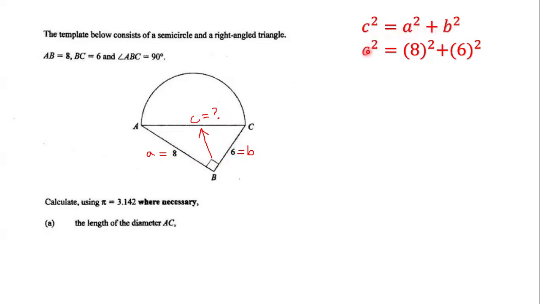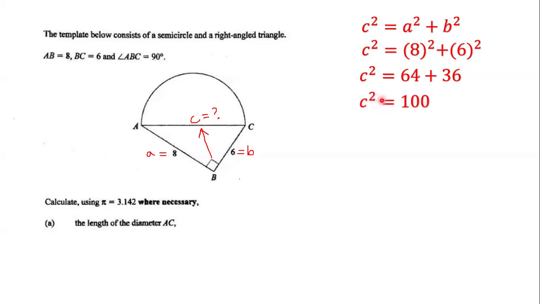Now C is the hypotenuse, that's what we're trying to find. A is 8, as we have here, and B is 6. So we have 8 squared, which is 64, and 6 squared, which is 36. So C squared is equal to 64 plus 36. What is 64 plus 36? That is 100.